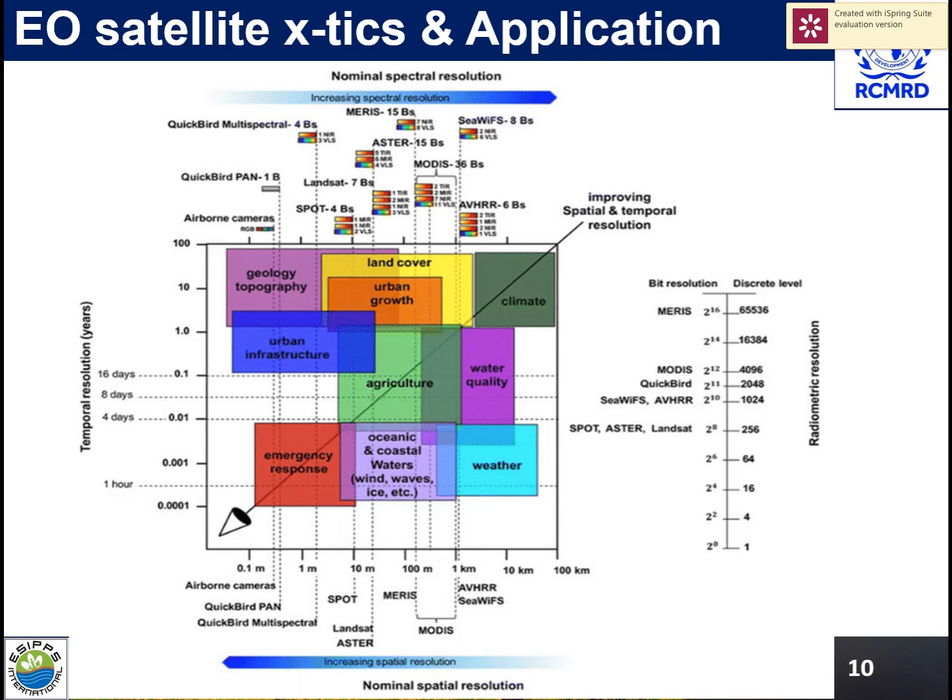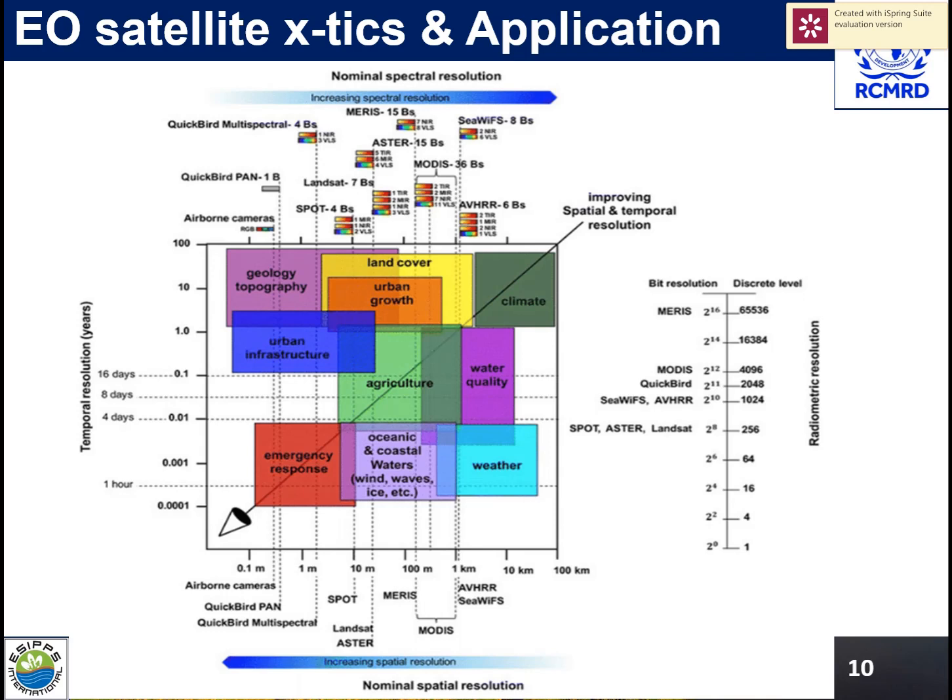Geology and topography, the satellites that are mostly used in there are the QuickBird satellite products and airborne cameras, and the reason is because they have a high spatial resolution but low temporal resolution, and low spectral resolution.